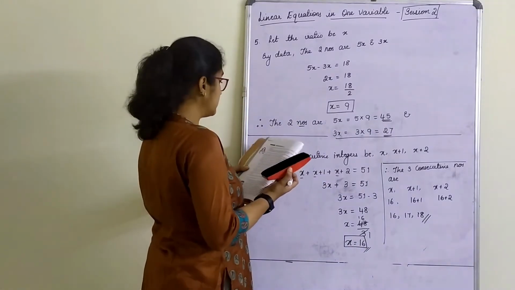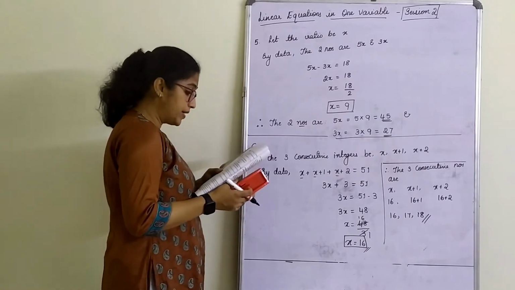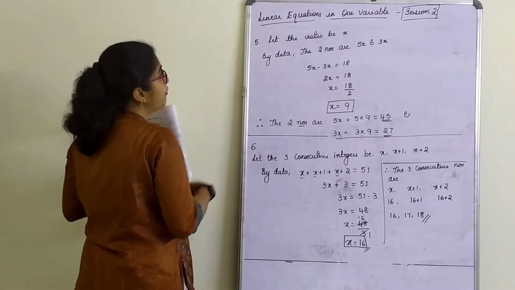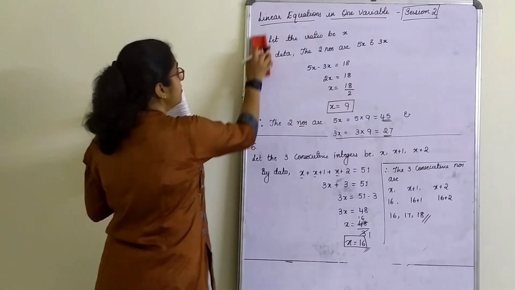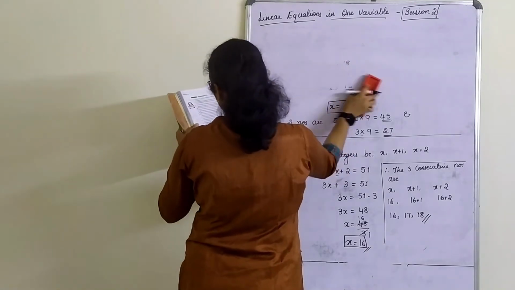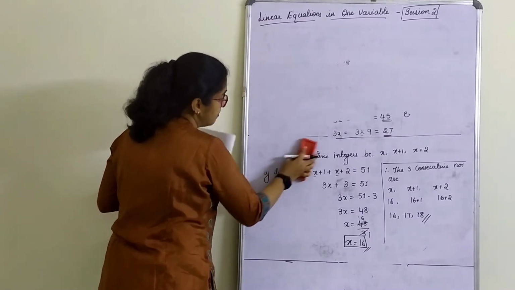The next one, that is 7th one. I hope you have written down this. The next one, 7th one is the sum of 3 consecutive multiples of 8. I will erase this now and we will do it. The sum of 3 consecutive multiples of 8 is given by 888.